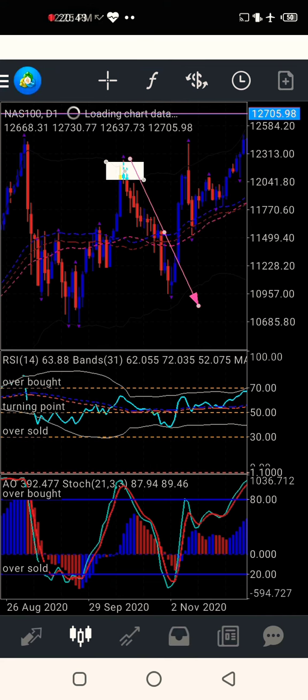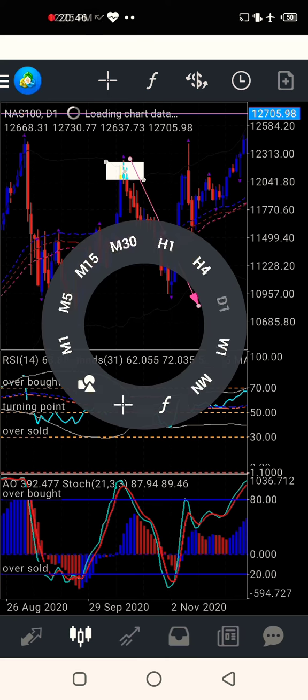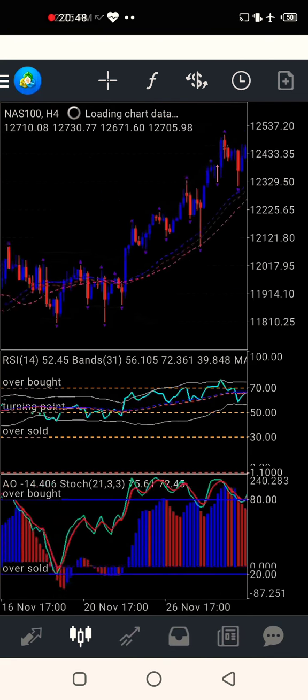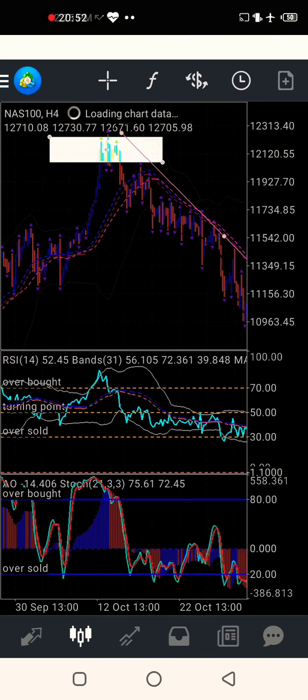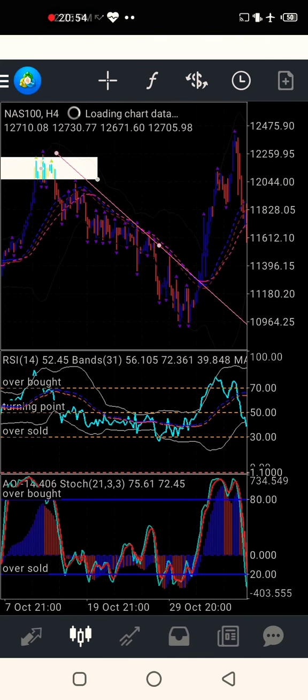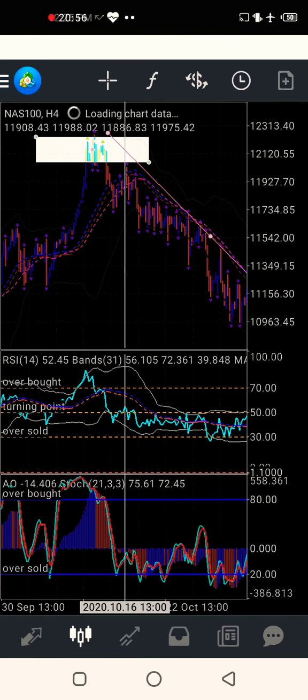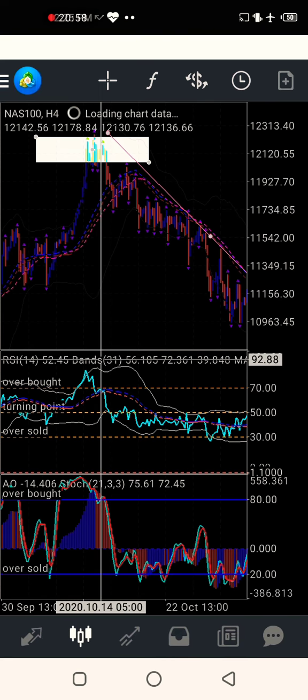So let's go to the 4 hours time frame. As you can see, this is a 4 hours time frame. You can see where the signal occurs. And in the 4 hours time frame, it is a good signal. It's not crossing above 50 or below 50. The stochastic oscillator is overbought, and your RSI also is overbought.